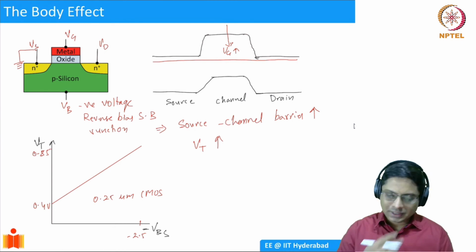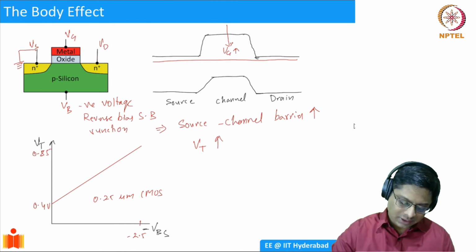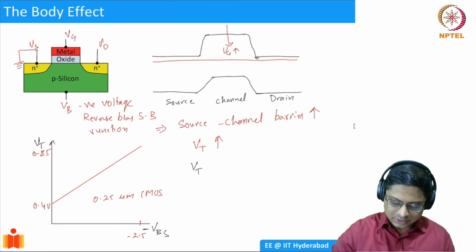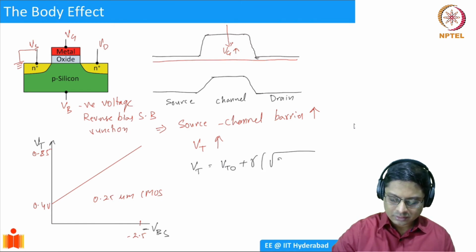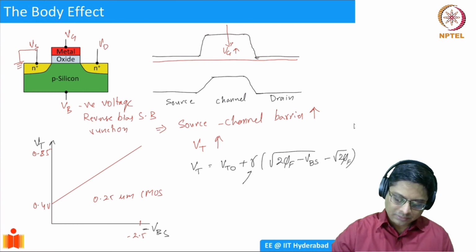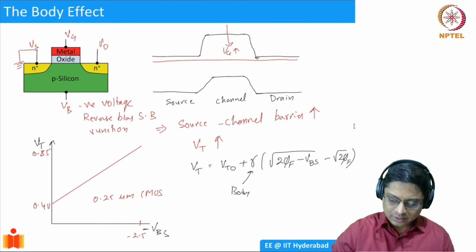And the way to calculate that, there is an expression for that. I will not derive it or prove it. I'll simply give you the expression, which is going to be like this. So this particular term is known as the body effect parameter.